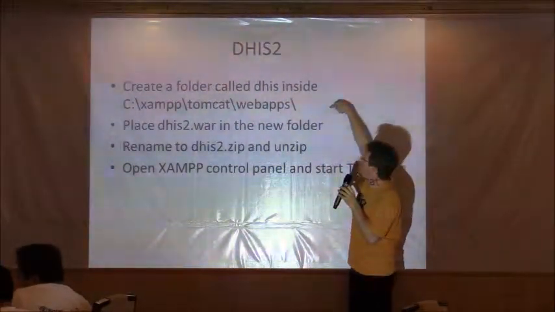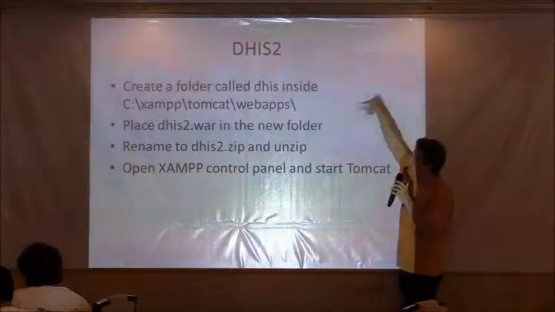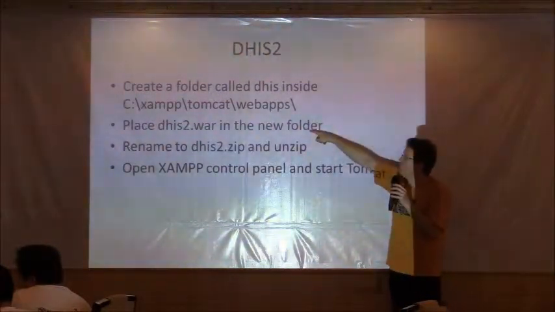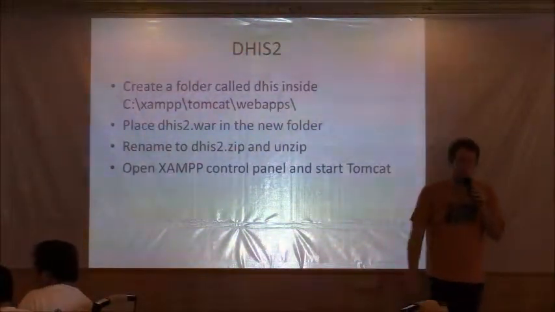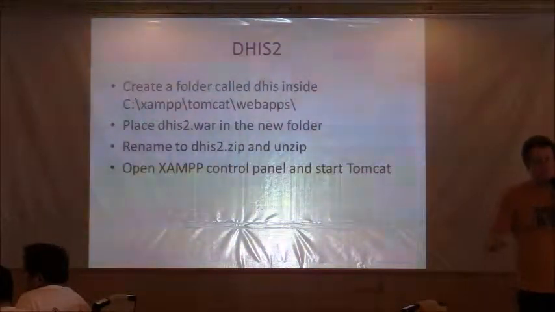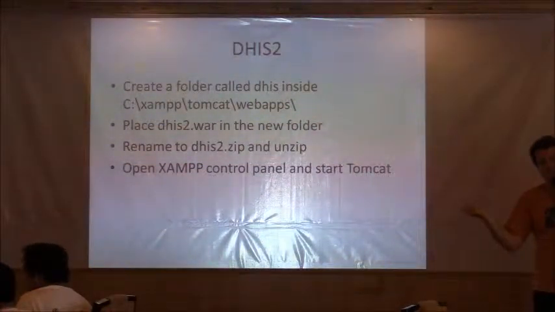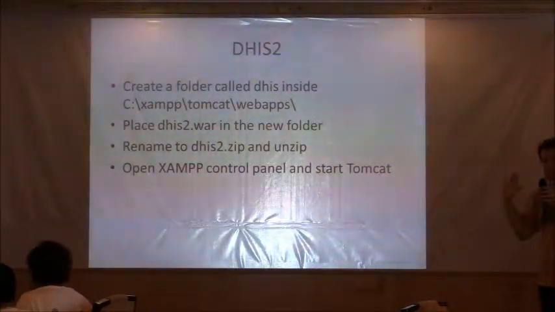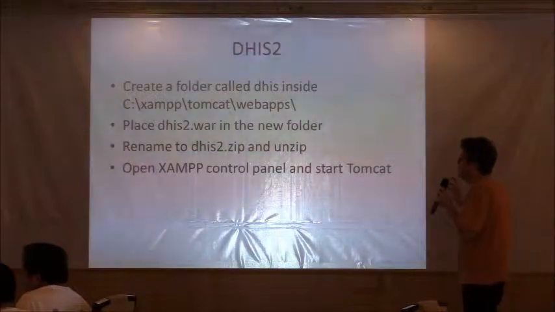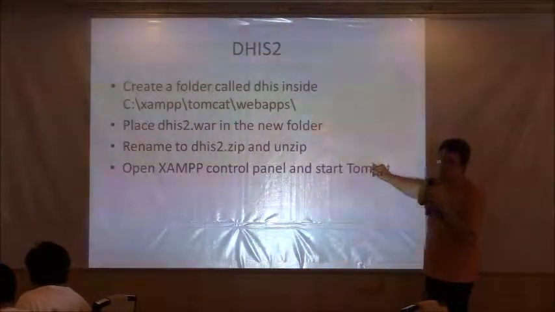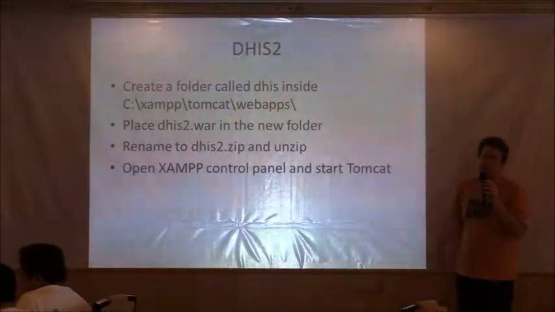Inside that folder, you put the DHIS2 war file. Then you just rename it to DHIS.zip instead, because it is actually a zip file. And you just unzip. Then you can open the control panel and start Tomcat.